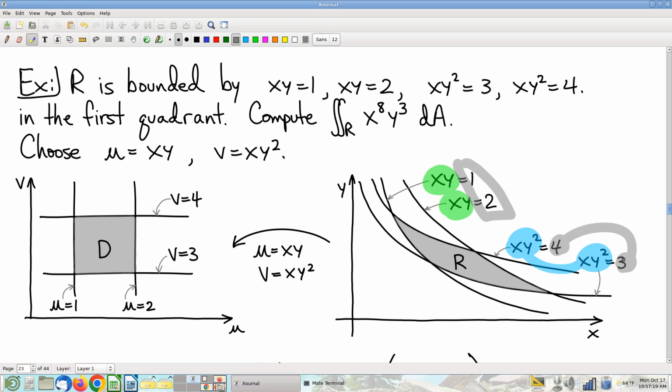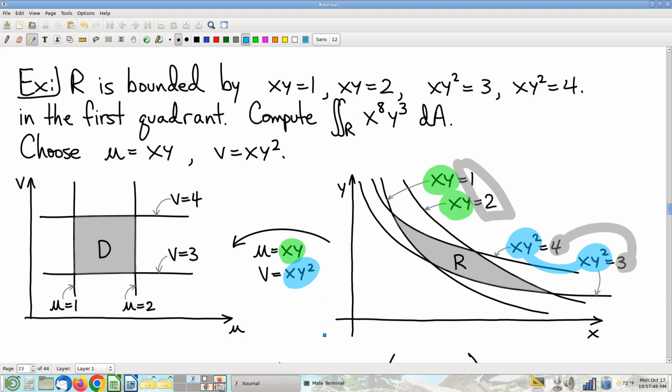Said differently, if your domain is defined by various level sets of 2 functions, level sets, keep in mind, where those functions are constants, right? Then let those functions be your change of variables function. And let's just think about what just happened there. And I'm just making this arbitrary choice again. Ask you to trust me on this for just a moment.